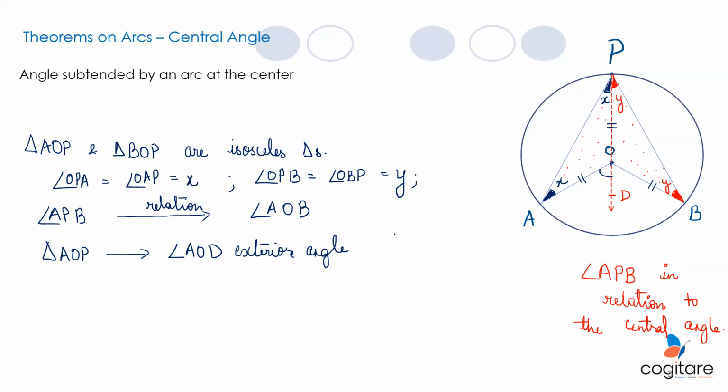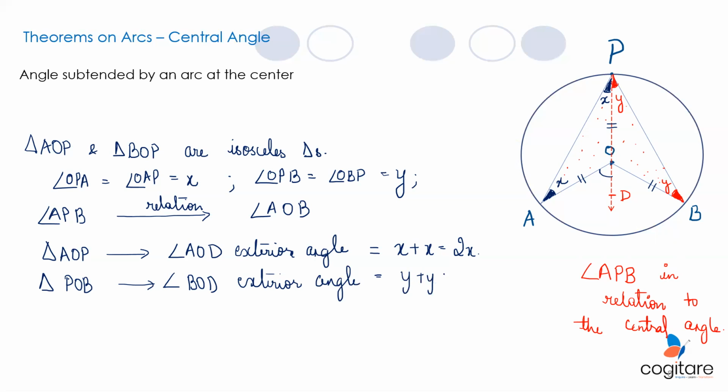The exterior angle is equal to the sum of its interior opposite angles, right? So it is 2x. Clear? Similarly, for triangle POB or BOP, you can observe that angle BOD is an exterior angle, which means the measure of this is going to be the sum of interior opposite angles, right?